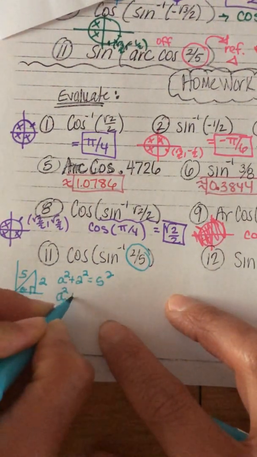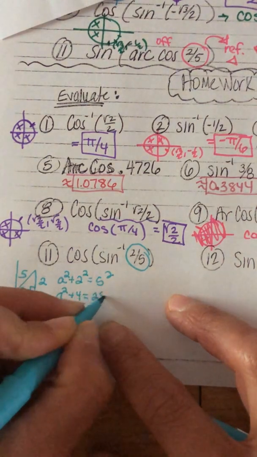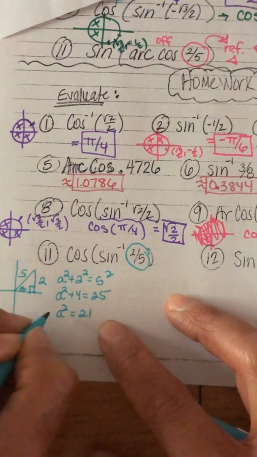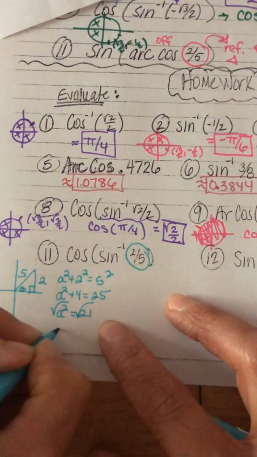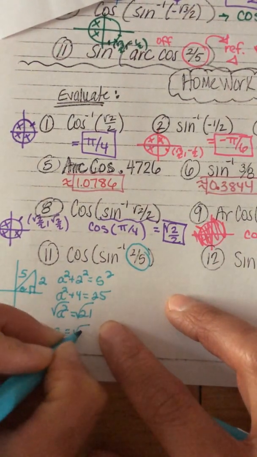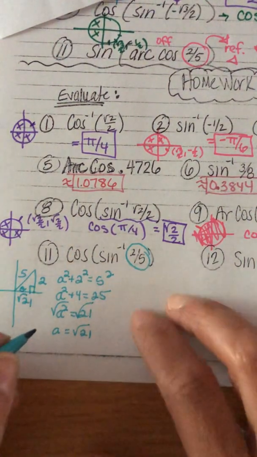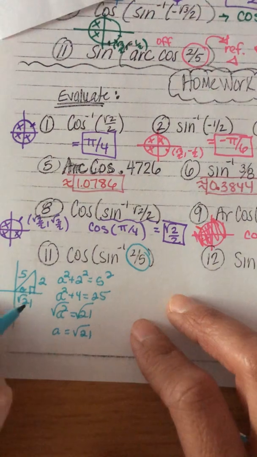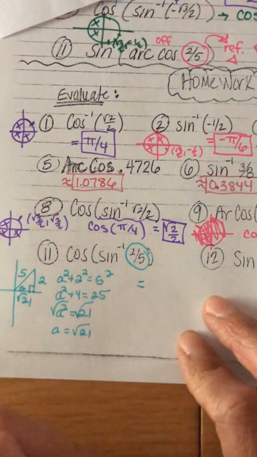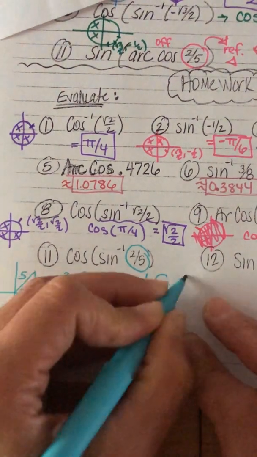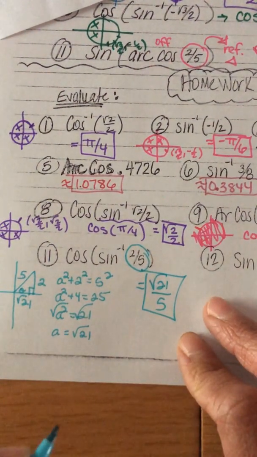So A squared plus 4 equals 25. Subtract 4 from both sides, and A squared equals 21. Hey, this feels familiar. A is the square root of 21. Now I need to find the cosine of that. Cosine is adjacent over hypotenuse, so the cosine is square root of 21 over 5. Isn't that exactly what we had up above? Yeah, it is.